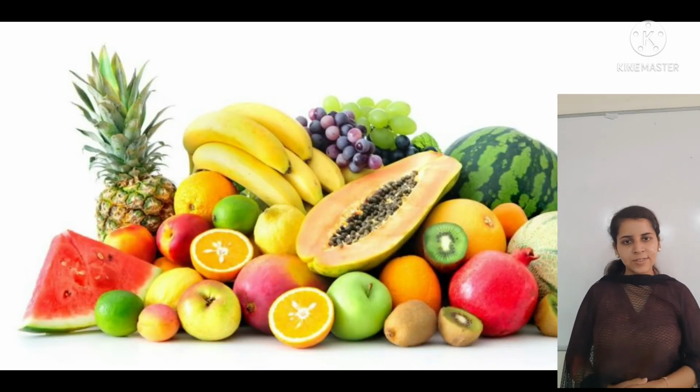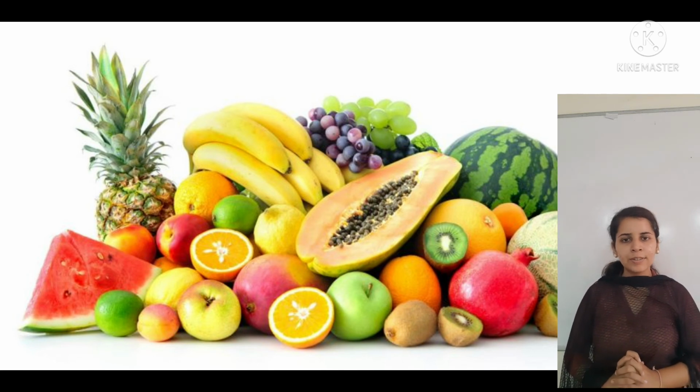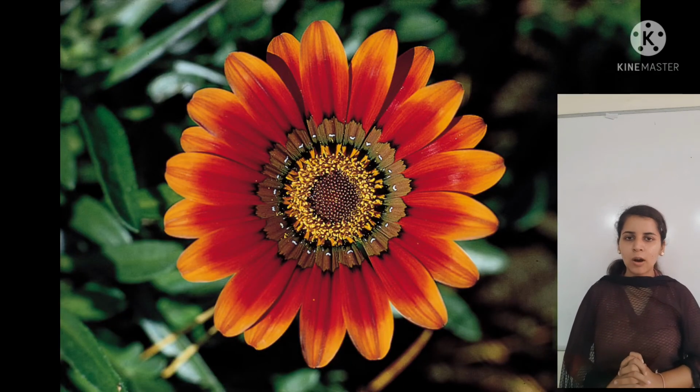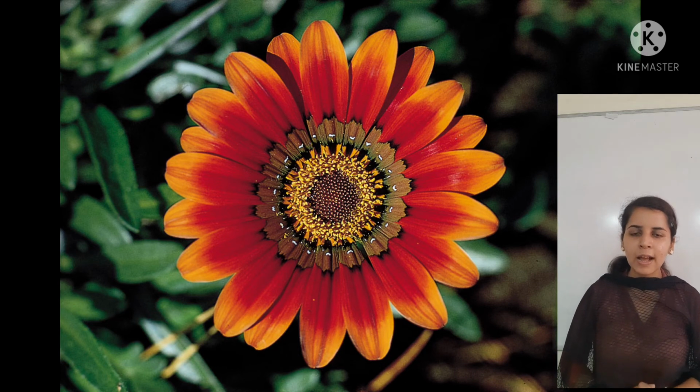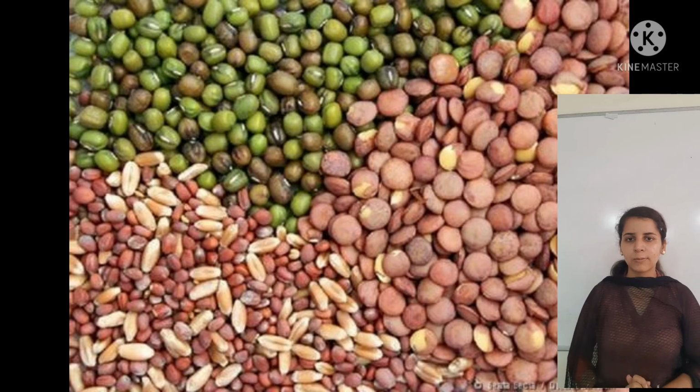So students, next is fruits and seeds. These are the parts of the shoot system, right? We eat different kinds of fruits like apple, mango, pineapple, cherry, peach, right? How are fruits formed? They are formed from the flowers, and most of the fruits have seeds inside them, and they are protected inside the fruit, right?